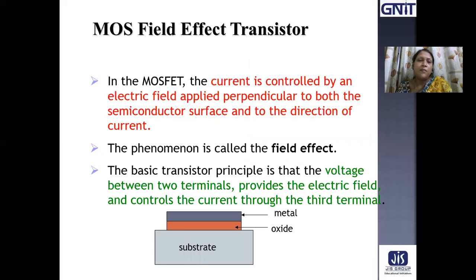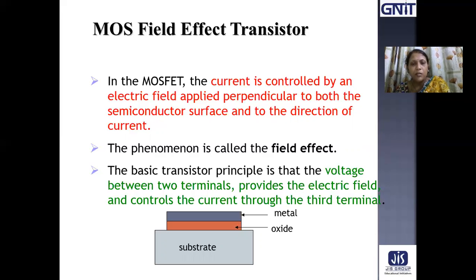So, MOS field effect transistor. In the MOSFET, the current is controlled by an electric field applied perpendicular to both the semiconductor surface and to the direction of current. The phenomenon is called field effect. The basic transistor principle is that the voltage between two terminals provides the electric field and controls the current through the third terminal.